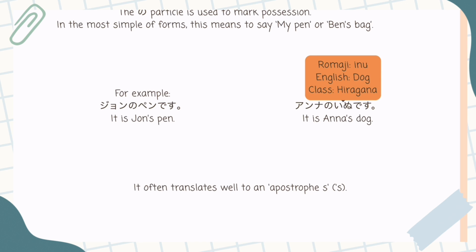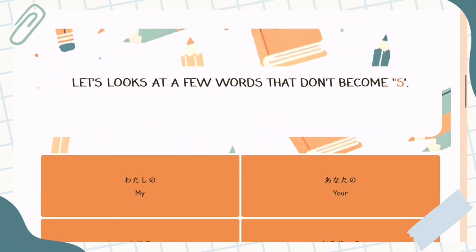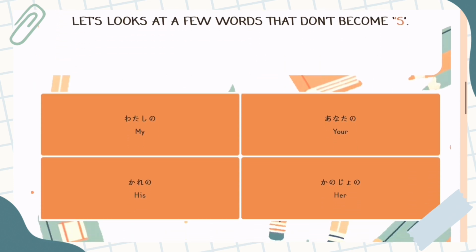If we think of it as an apostrophe S, you're not going to mix the nouns around. You're not going to accidentally say inu no Anna, because otherwise you'd be saying dog's Anna. Let's look at a few words that don't become apostrophe S though. Watashi no becomes my. That is how we say the possession form of I in English.